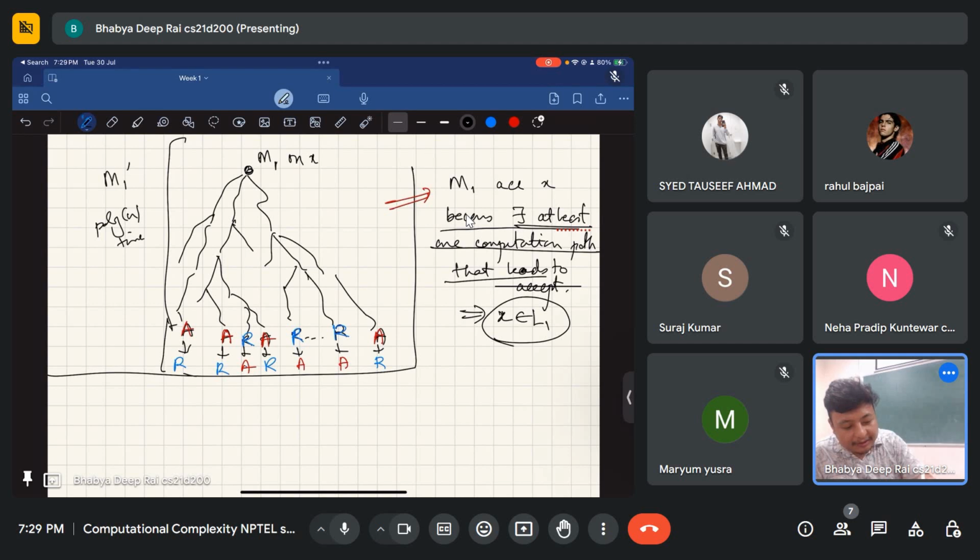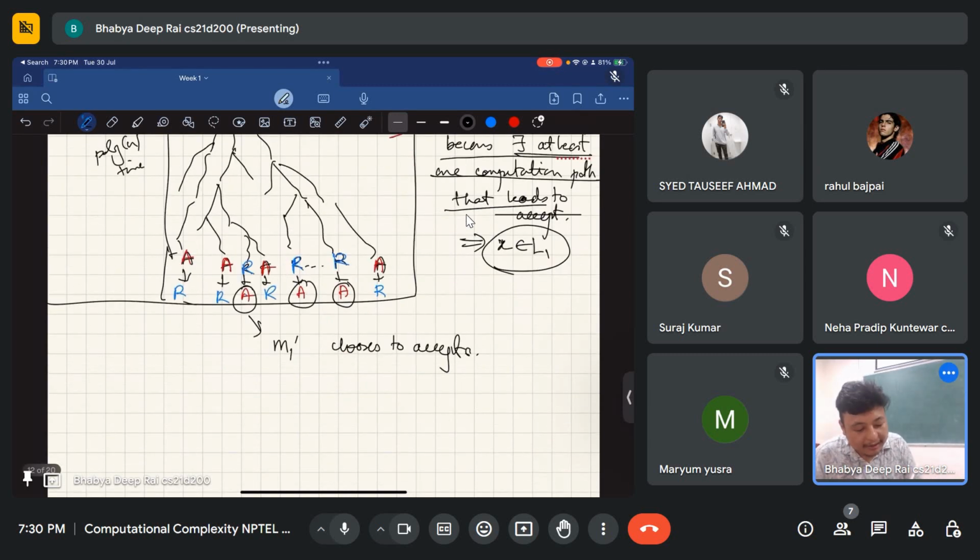So again to repeat, there are several accepts and rejects here. But since there is at least one accept here, there are three accepts here, in fact. There could be more, let's say. My machine M1 prime chooses to accept because that's how non-deterministic Turing machines are designed to work. If there is at least one guess where it accepts, then the entire machine will accept.